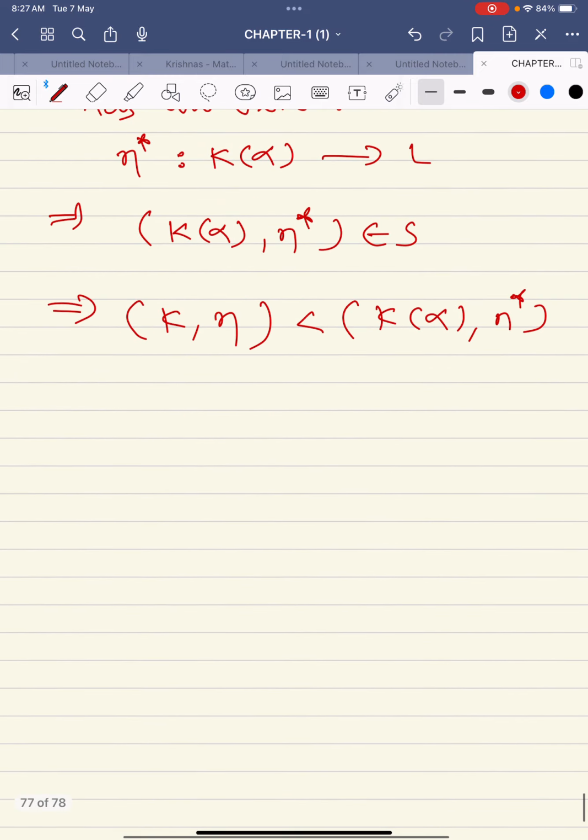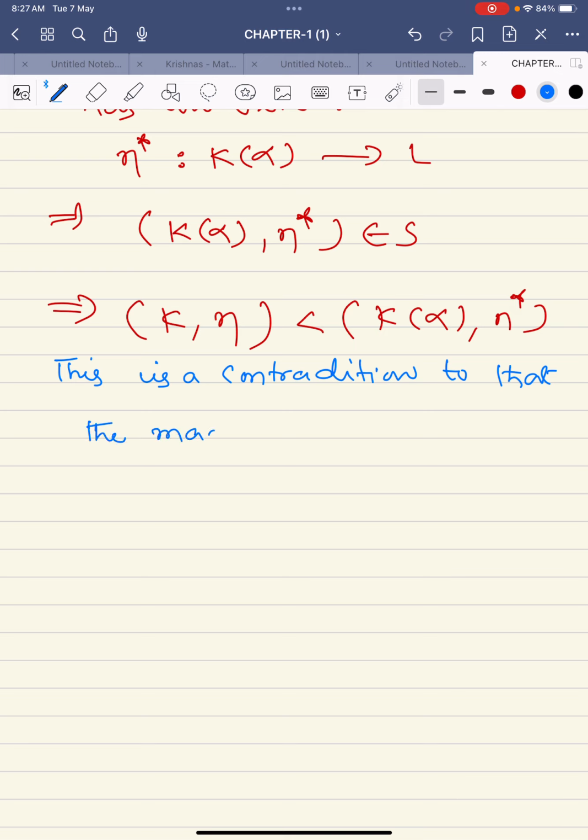This is a contradiction to the maximality of (K, eta).